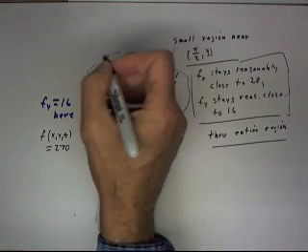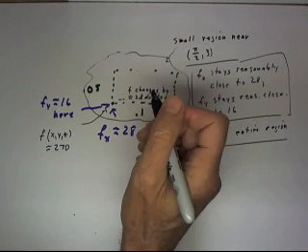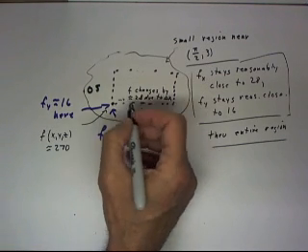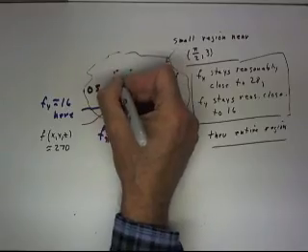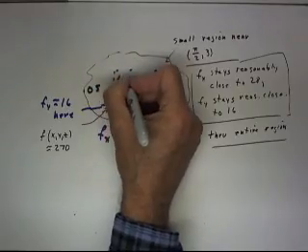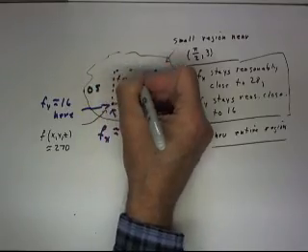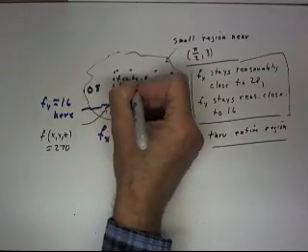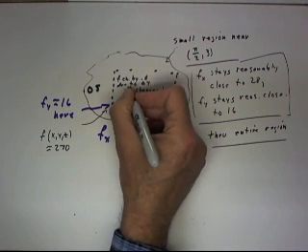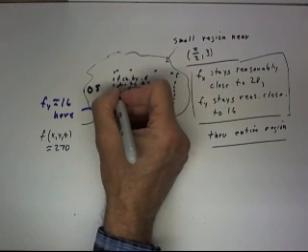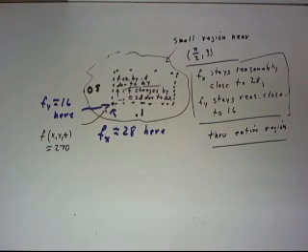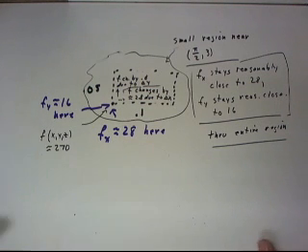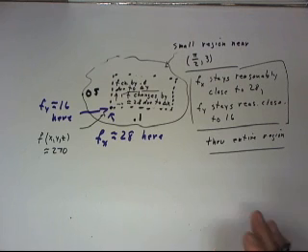And as we move from here to here, F changes by 0.8 due to the delta y. I should have drawn this rectangle a little bigger so I could write that in more clearly.